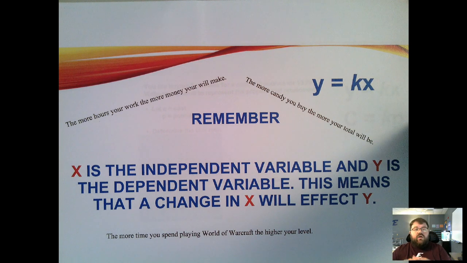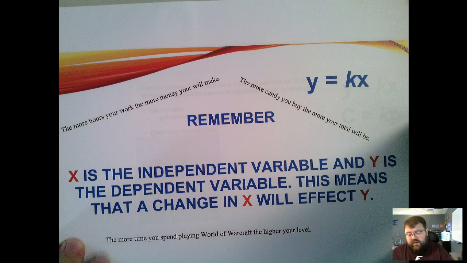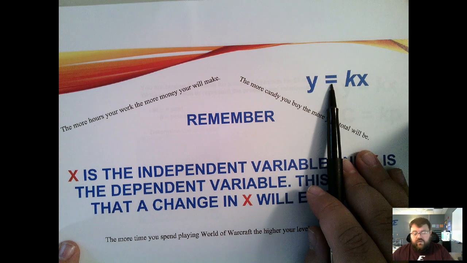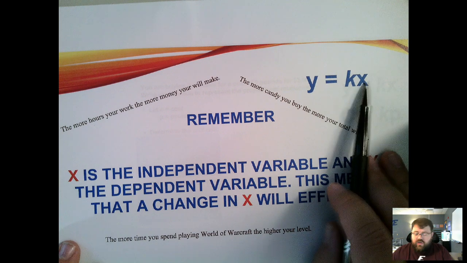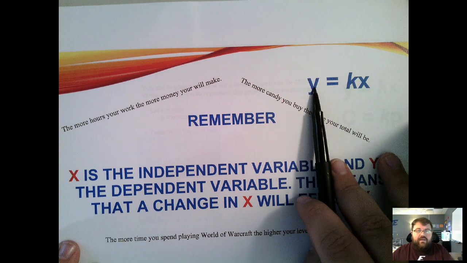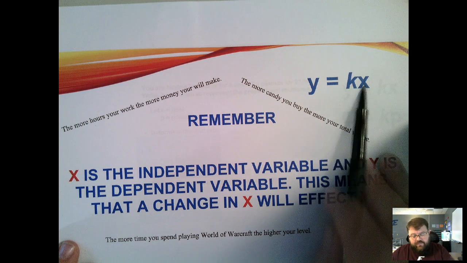So what we want you to understand is there are things that are going to affect or change the outcome, and what that change is related to is the X, and the outcome is going to be the Y. Again, your Y value is equal to your unit rate or your constant multiplied by X. Do not forget what this symbol means. It means equal. The value of Y is equal to the value of your constant multiplied by your X.